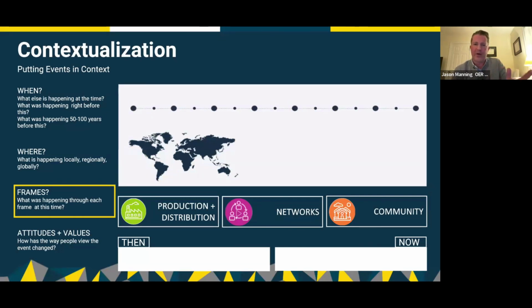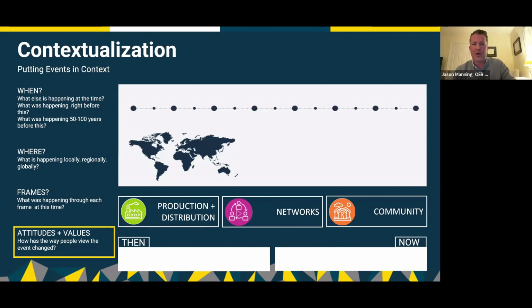No matter what era of history you're teaching, you can connect those eras by organizing your lesson plans into one of those three frames or all three, and then tracing those frames throughout history.